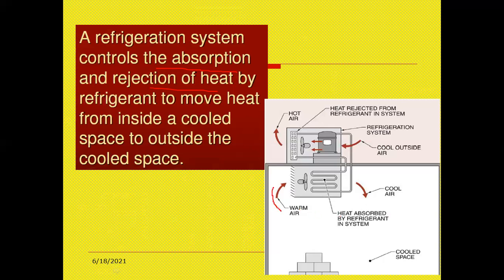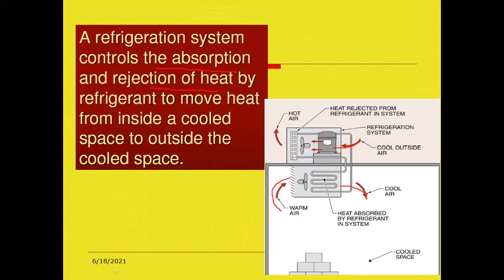The warm air in the room is going in this direction, the fan takes the air and passes it in this direction, and the hot air is going outside. Now the refrigeration system, outside the cool air is going inside, passing into these chambers, and the cool air is going into the room.